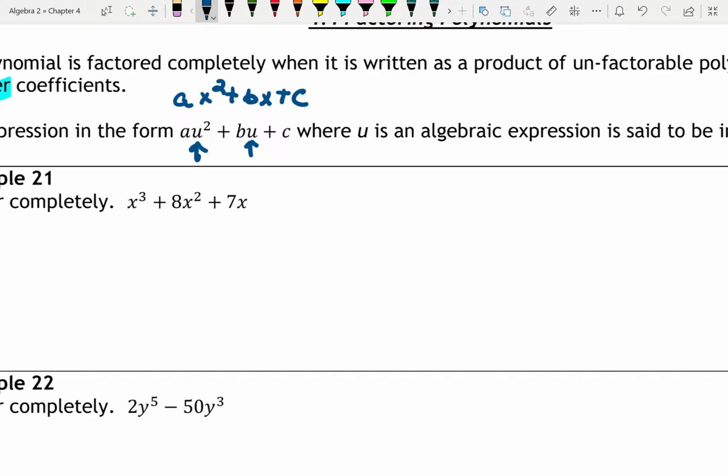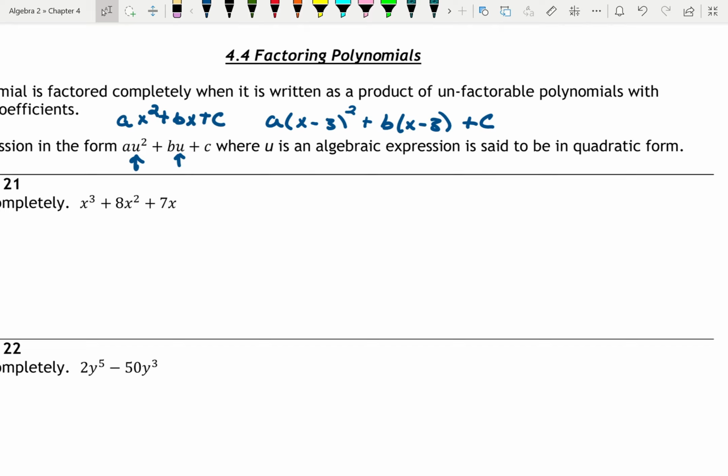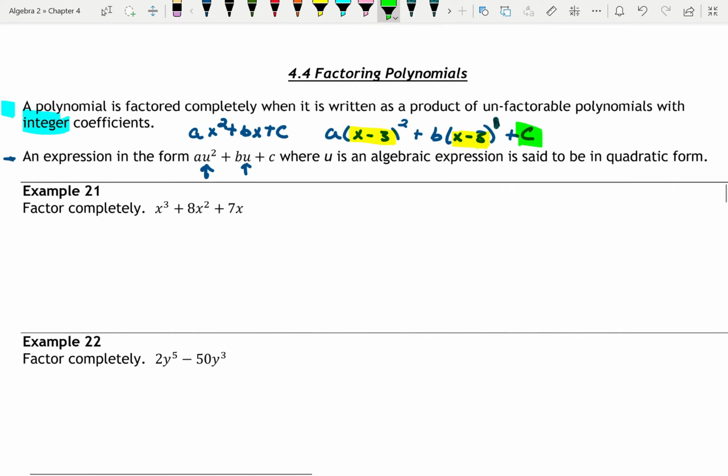Maybe it's like, I don't know, a times (x minus 3) squared plus b times (x minus 3) plus c. And that's going to be a quadratic expression that is in quadratic form, because we have a piece squared and then a piece with degree 1, and then we have just a coefficient on the end. So that's a little bit different. We'll use that later on, I believe.